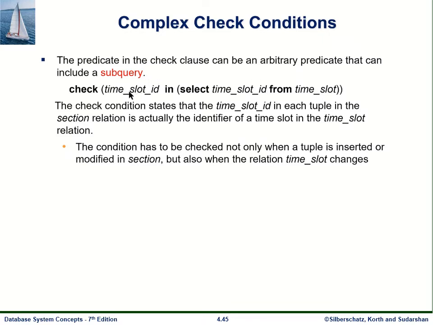For example, if you change one tuple so its time slot ID changes to a new value, you need to confirm whether it is allowable. Similarly, maybe we assign more time slots, or we use different values for this one, so changing this table is also relevant.